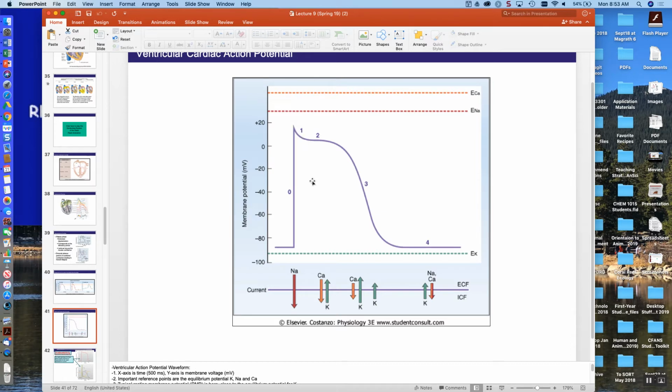Phase 1 is actually due to a transient potassium channel. It slightly repolarizes the cell. But then you get these calcium channels that open, and they're responsible for the plateau phase. Voltage-gated calcium channels. You can see that right here, calcium. And then the potassium channels open up.